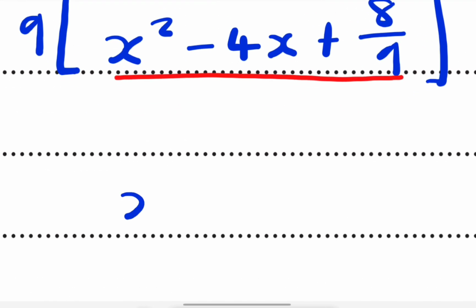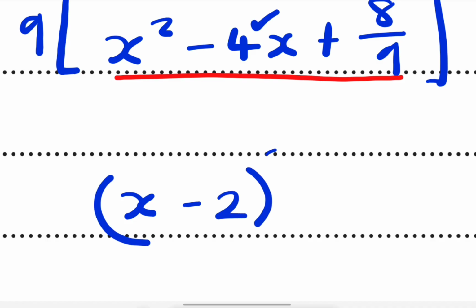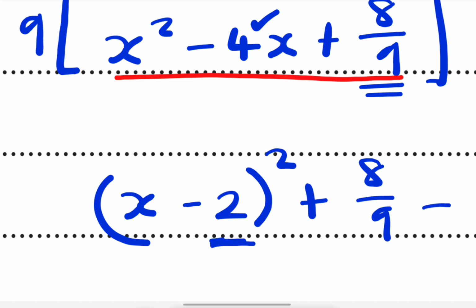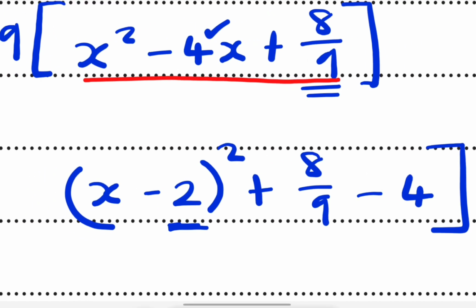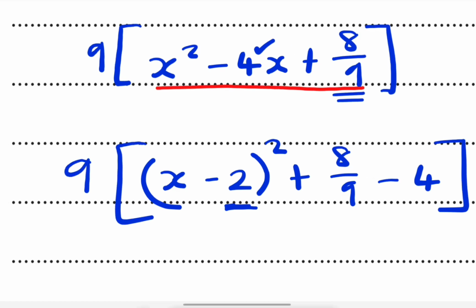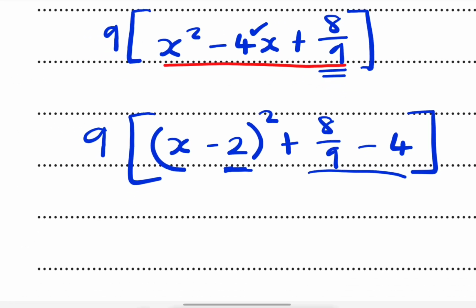And so this would be x, and half of this minus 2 squared, plus this 8 over 9 minus this squared, which is 2 squared, which gives us 4. And all this is going to be multiplied by 9. Now simplifying that part, 8 over 9 minus 4, I'm getting minus 28 over 9.